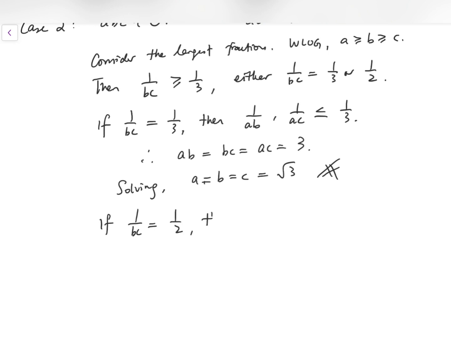If it's a half, then 1/AB plus 1/AC equals a half. Now we have two fractions that have to add together to a half.